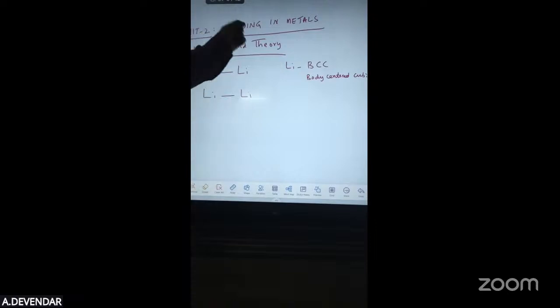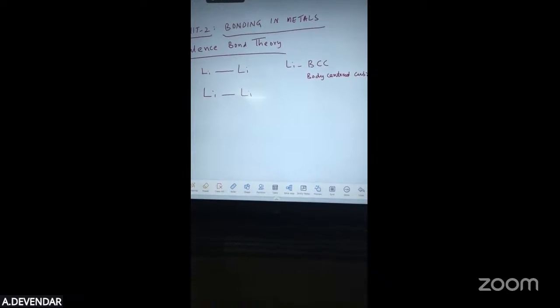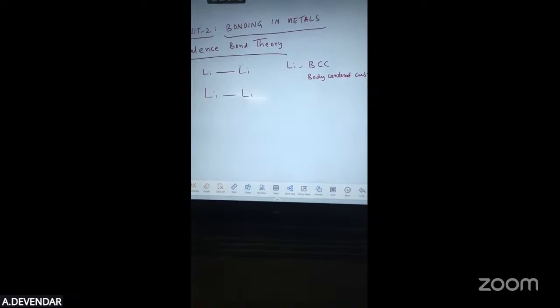So this lithium ion is surrounded by its 8 nearest neighbors at the corners of the cell and 6 more next nearest neighbors at the centers.